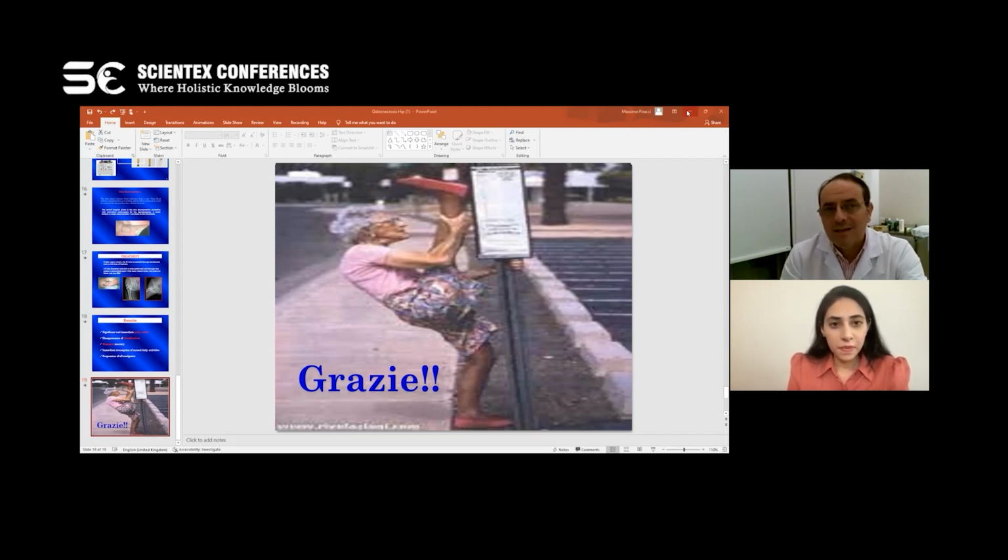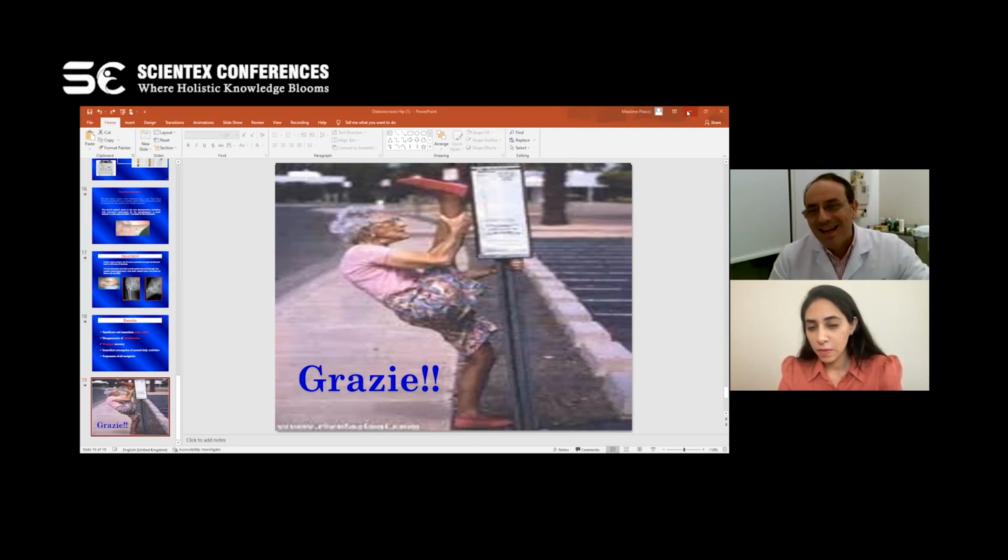So maybe in arthroscopy we can also put the stem cells in the subchondral bone and see what happens with the development of osteonecrosis. But this is a work in progress. You know, it's not easy.